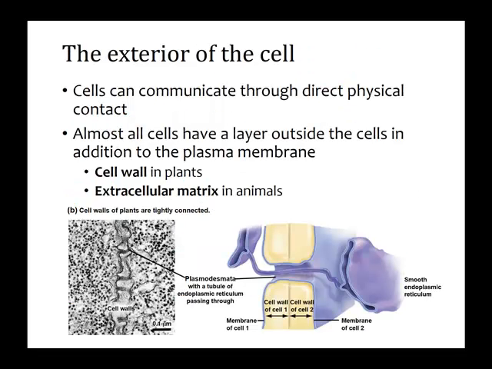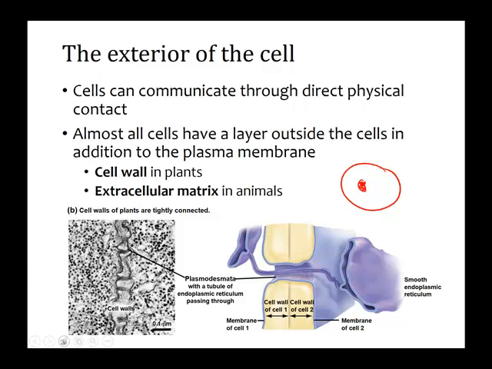So let's take a look first at direct physical contact. Right? So almost all cells have an outer layer in addition to their cell membrane. So if we think, let me draw a cell here. Here's a cell, here's the nucleus of a cell. We're going to be talking pretty much about eukaryotic cells.